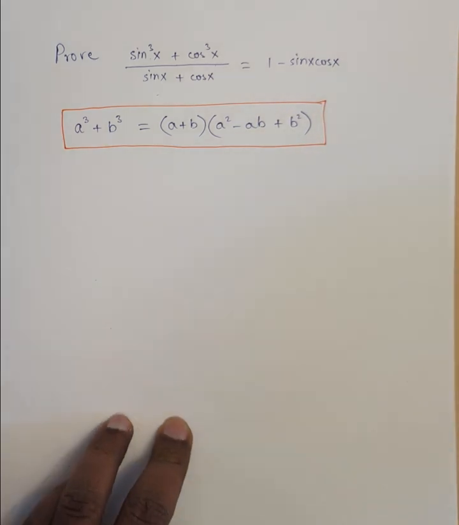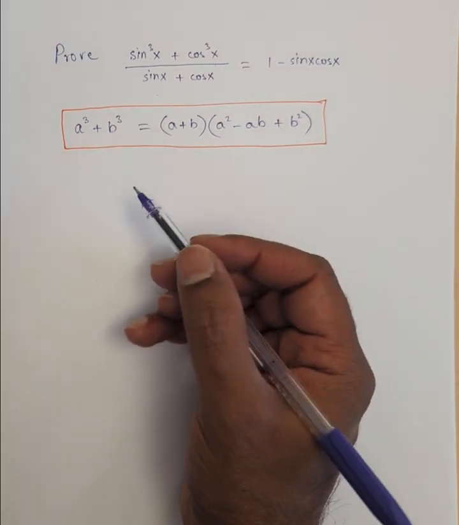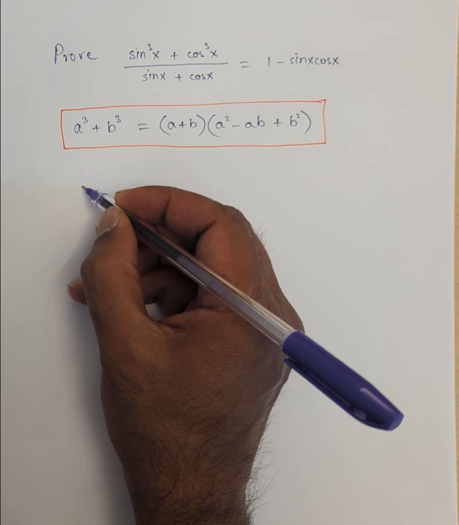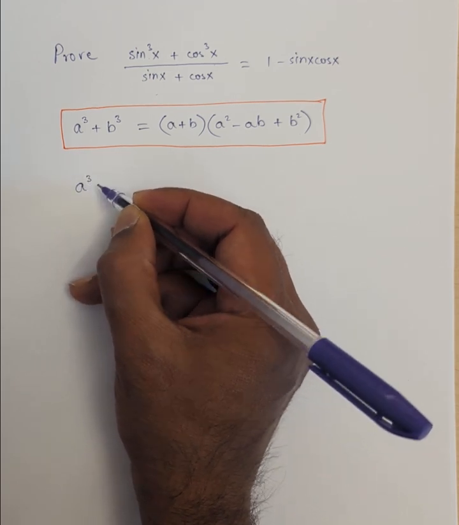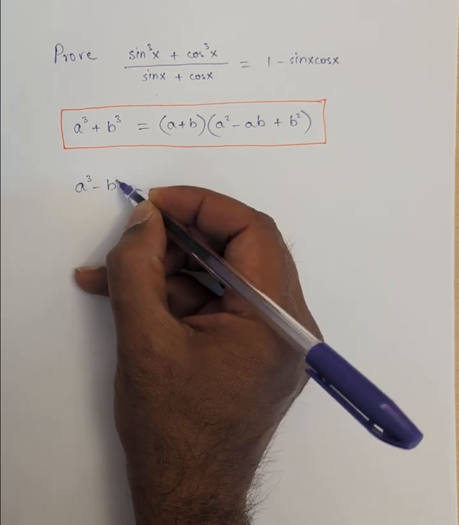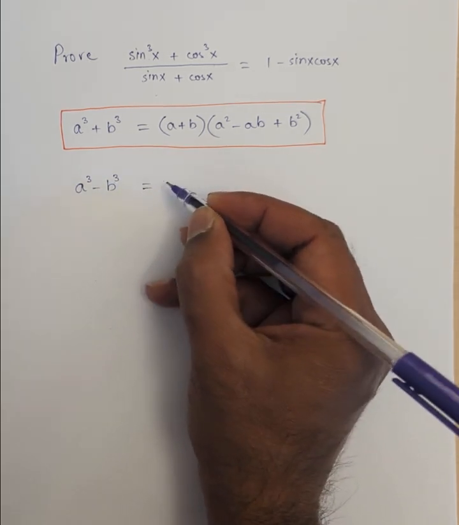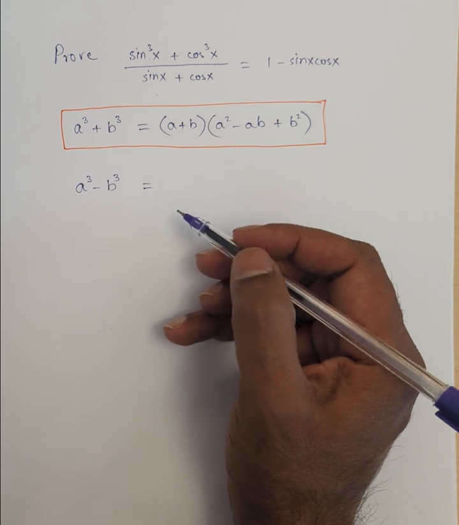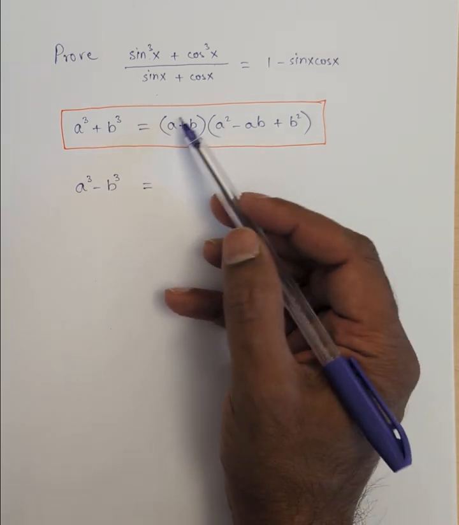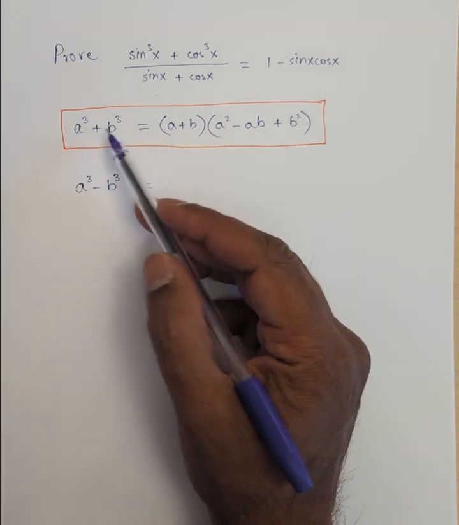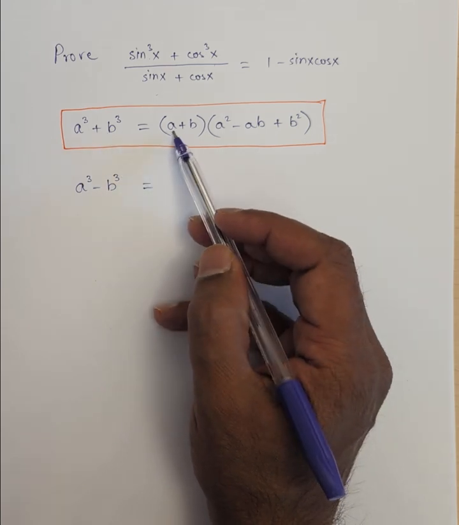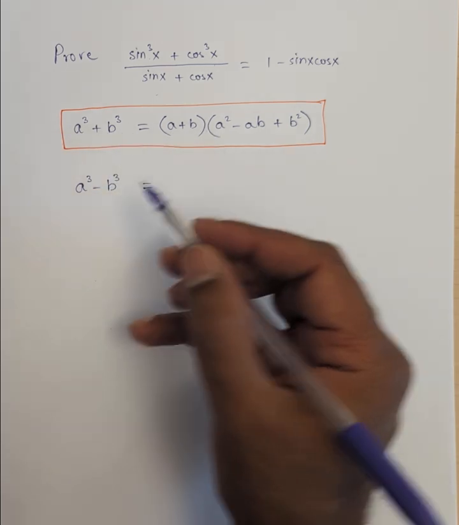And now that we talked about sum of cubes, let's also talk about difference of cubes. Earlier we looked at the difference of squares formula, a square minus b square. Now here we are talking about difference of cubes. So this looks somewhat like the one above. For a cube plus b cube, there is a binomial factor of a plus b.